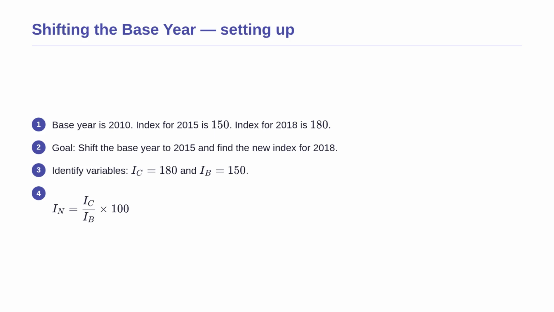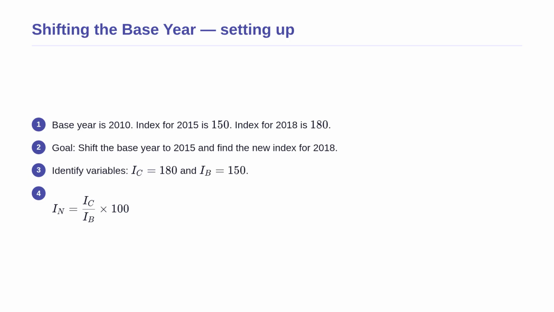Before we move on, let us see this with a concrete example. Suppose we have an index series with the year 2010 as the base. We are given that the index for the year 2015 is 150 and the index for the year 2018 is 180. We want to shift the base year to 2015, meaning we need to find the new index for the year 2018.